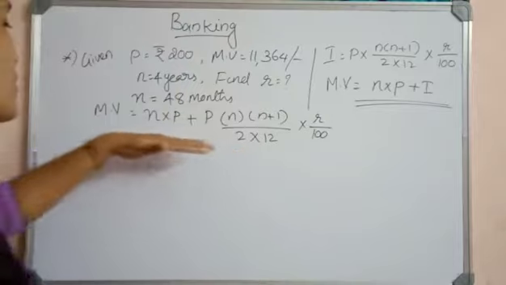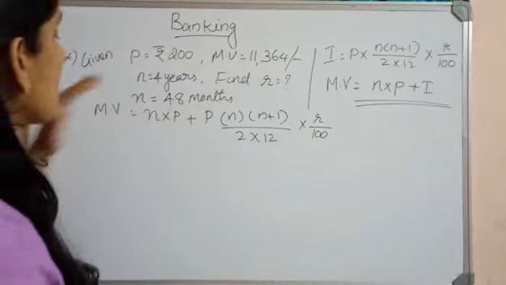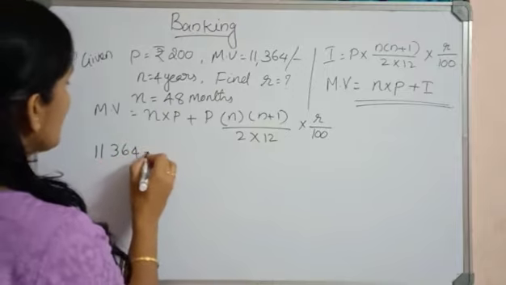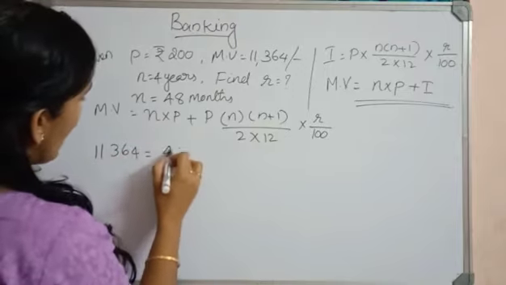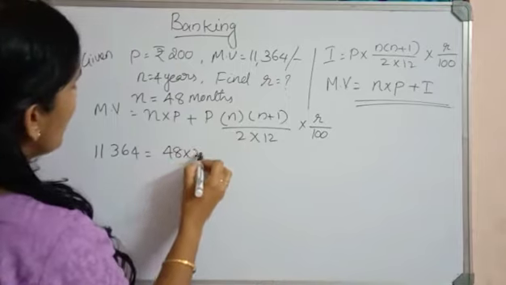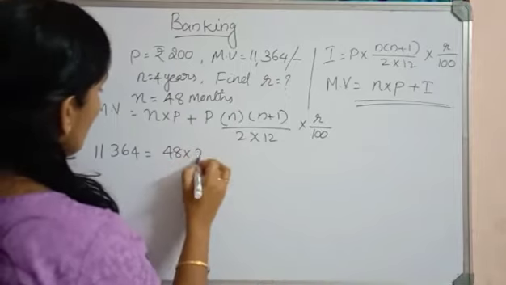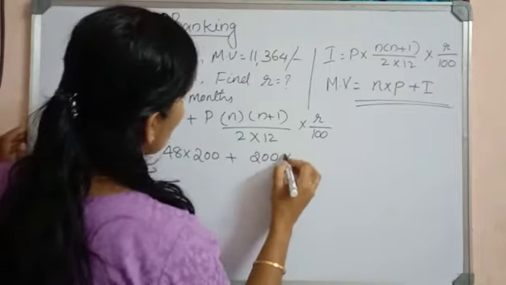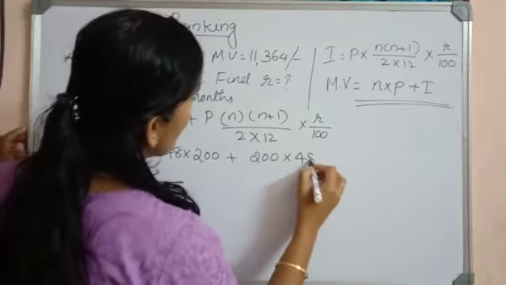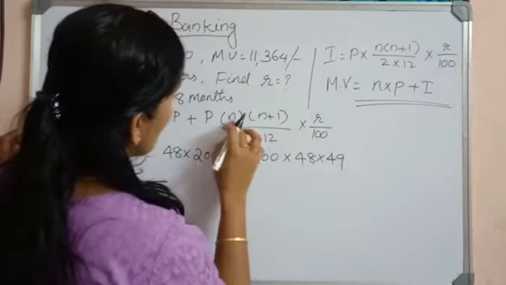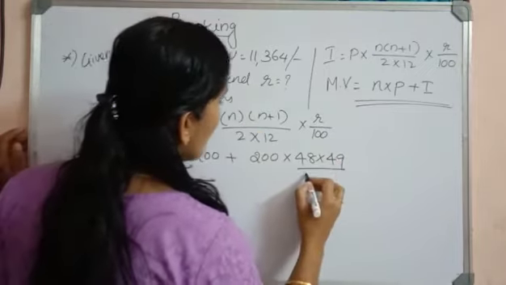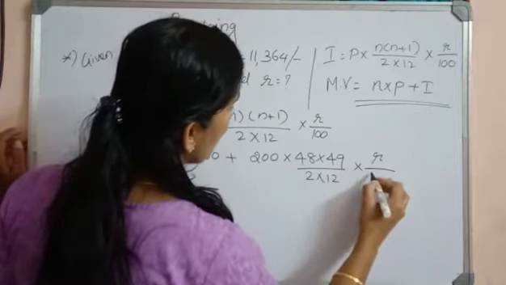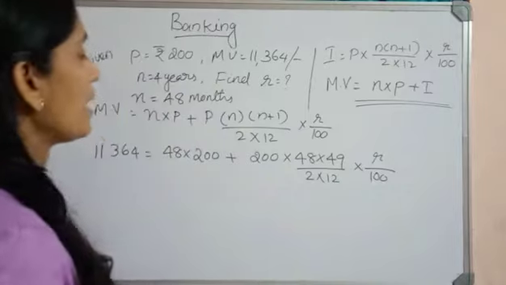Just substitute the values in this equation. 11,364 is equal to 48 into 200, plus 200 into 48 into 49, because it's n into (n plus 1), divided by 2, into 12 into the rate of interest r, which we need to find. We keep r as it is, divided by 100.